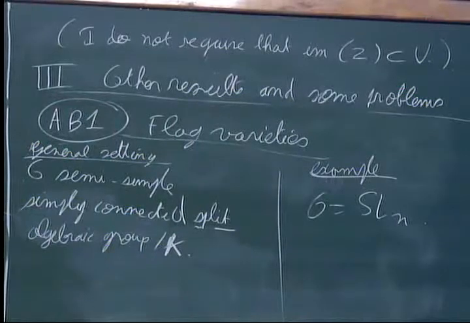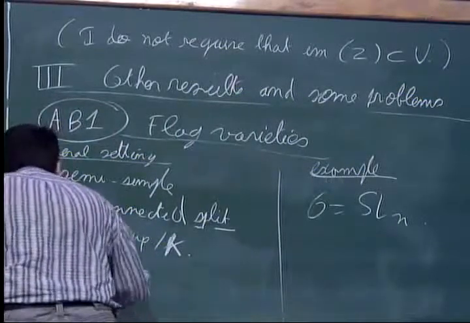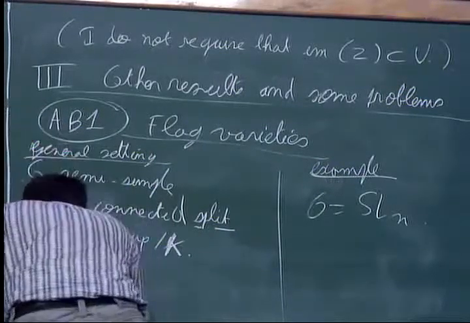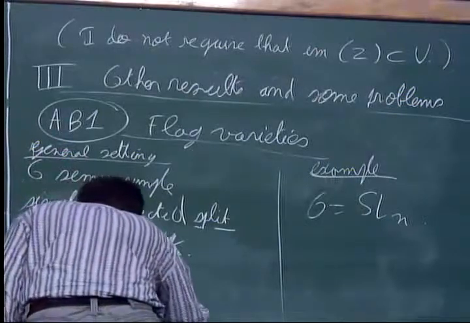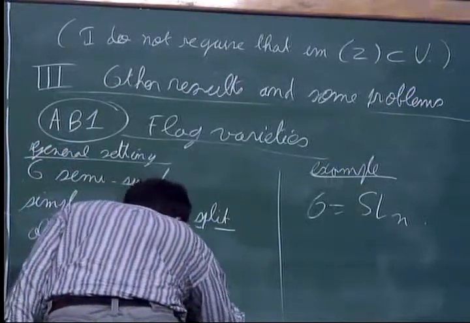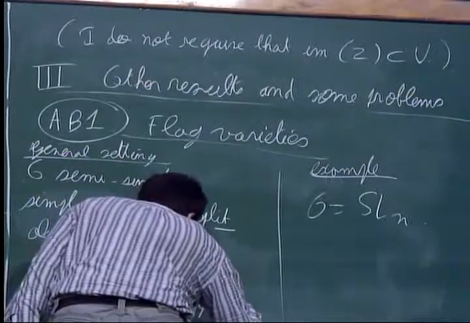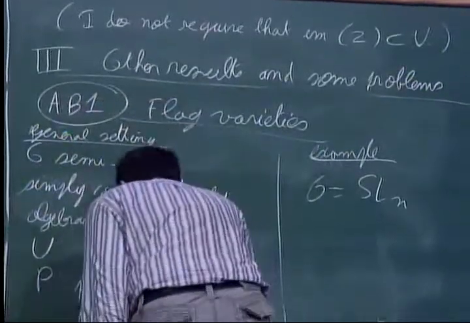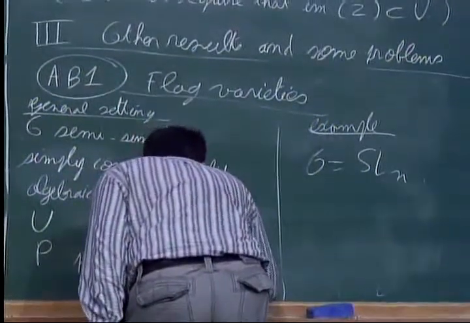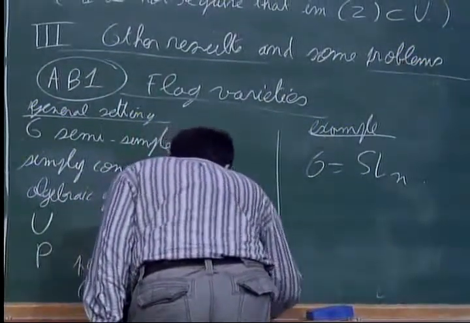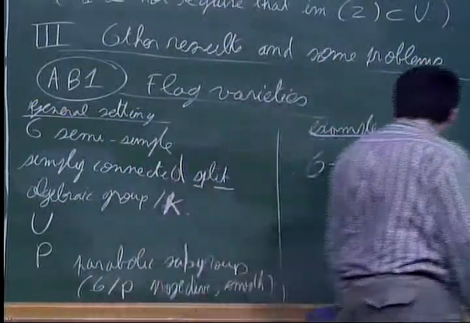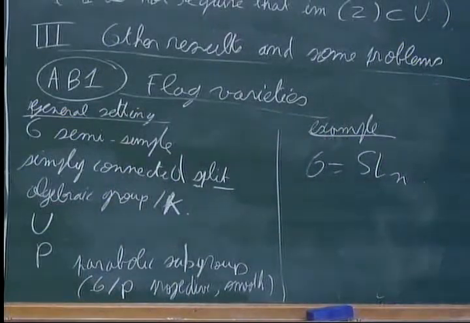Then in that algebraic group, I take some parabolic subgroup P. So this means, in particular, that I assume that G/P is a projective variety. And I assume that it is smooth. I'm not interested right now in complicated examples.